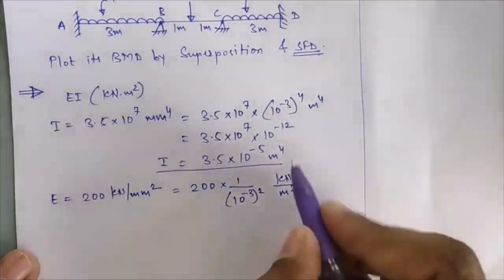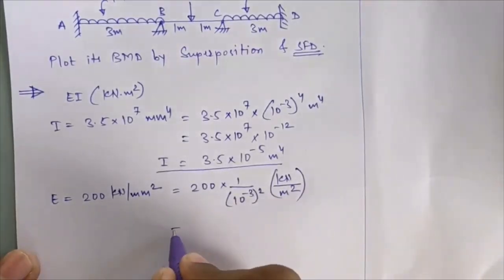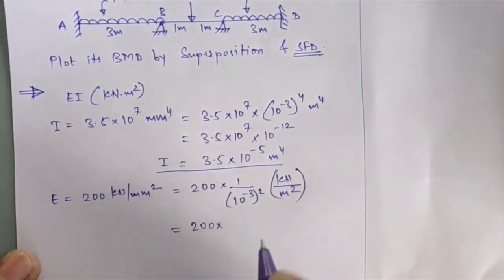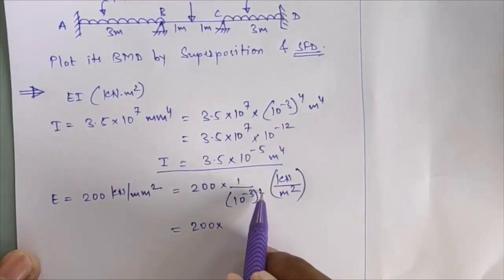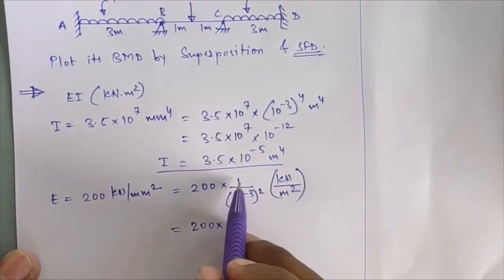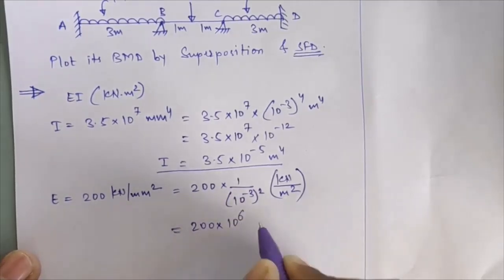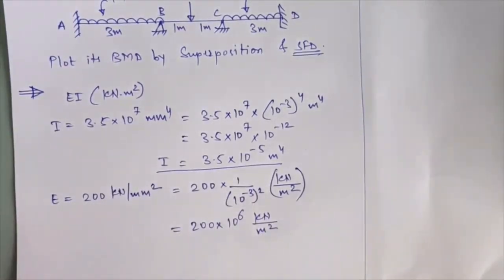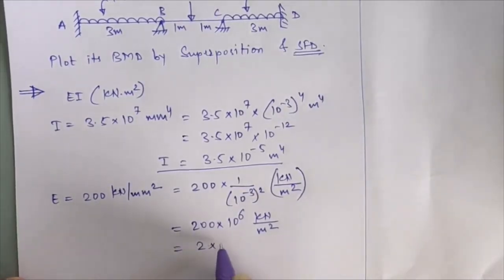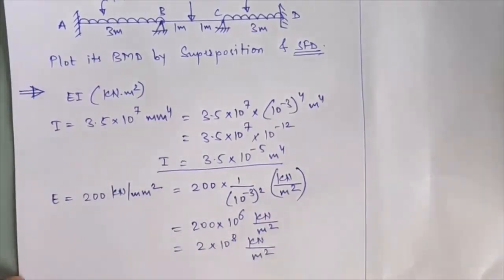Getting this? So it is equal to 200 into, multiplication of indices, 3 into 2 will become minus 6. When it goes on the upward side, that becomes 10 raised to 6. So that value comes 200 into 10 raised to 6 kilonewton per meter square, or you can say 2 into 10 raised to 8 kilonewton per meter square.